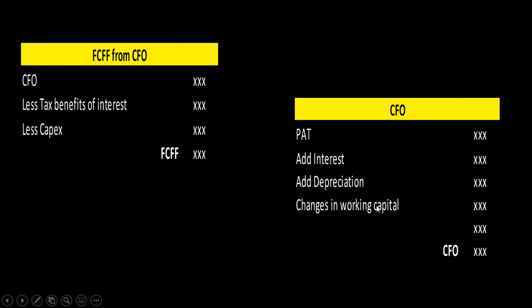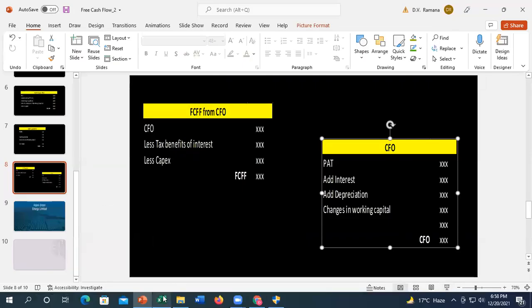So three of the important adjustments required for FCFF from the PAT have already been done in CFO. What is not done is the adjustment for CAPEX and the adjustment for tax benefits of interest. Here we add interest; we don't add interest into 1 minus T in CFO. So we have to make an adjustment for the tax benefits of interest. So let us see that.